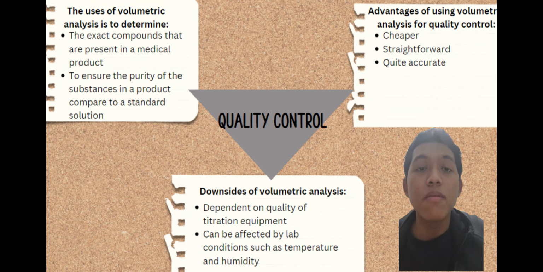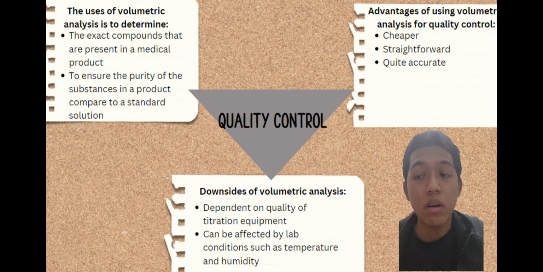As to why it is preferred to use volumetric analysis for quality control, it is mostly because it is relatively cheaper compared to other more complicated methods. It doesn't require a lot of lab apparatus or chemical reagents. It is also a rather simple procedure to carry out, which reduces the likelihood of accidents during analysis.